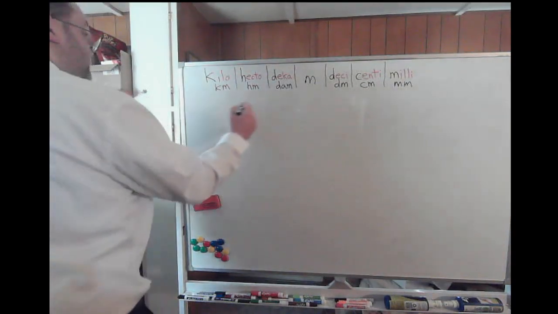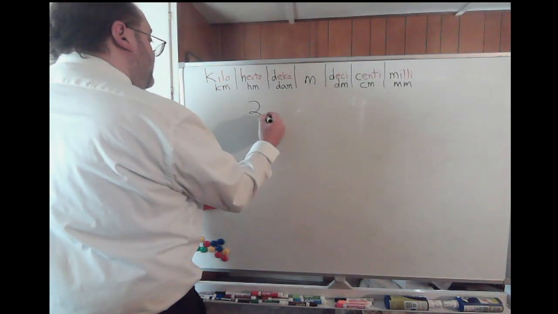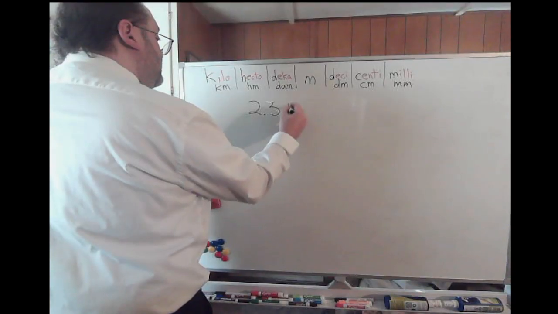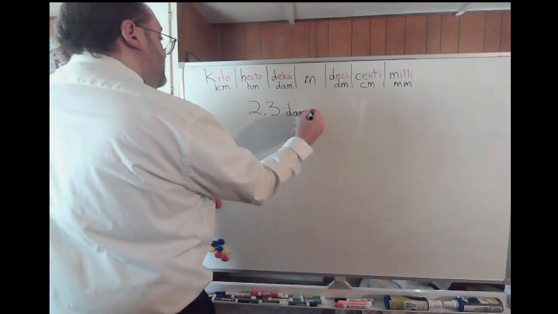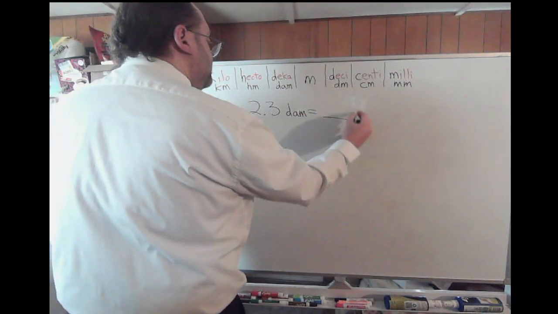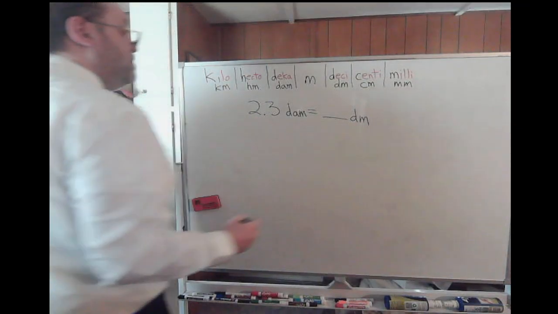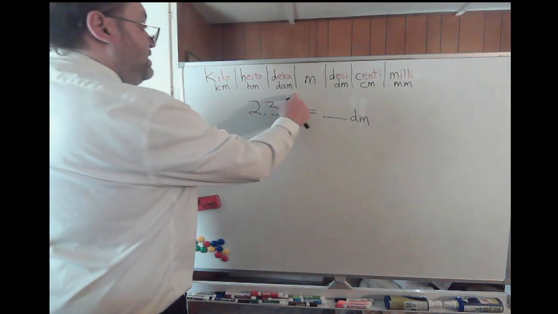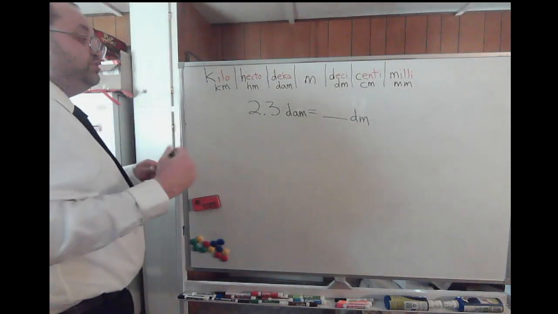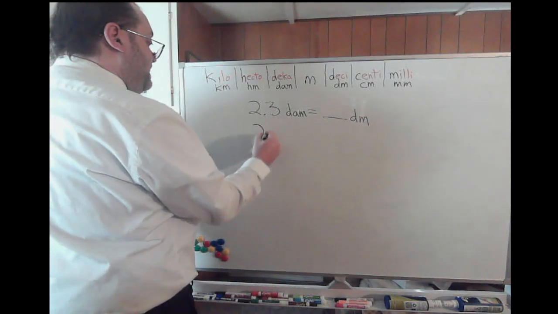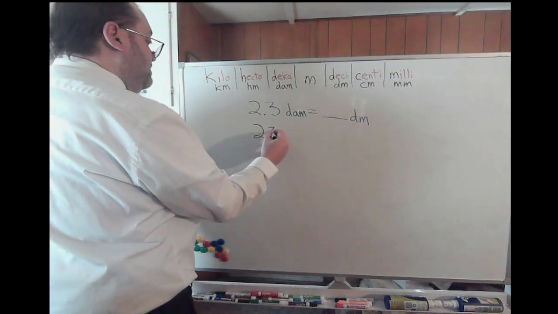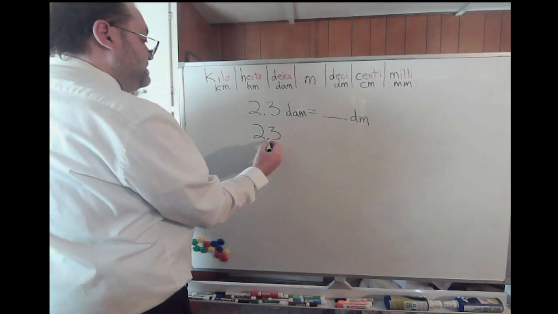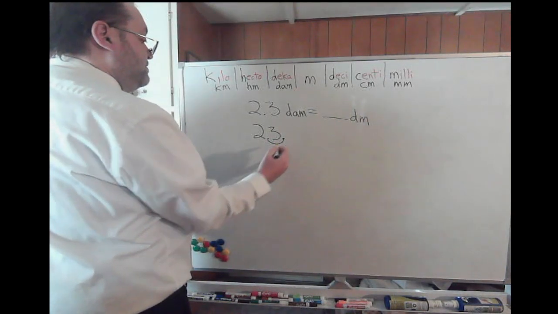Let's see. We have 2.3 decameters is equal to how many decimeters? Well, again, to go from decameters to decimeters, you have to go 2 places to the right. So write out 2.3. If you go 1 decimal place to the right, you'll be at meters.